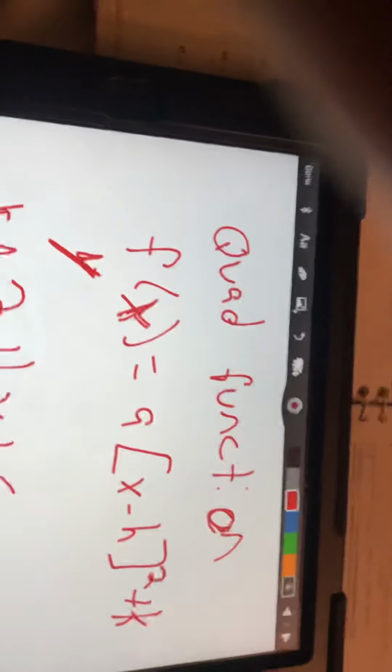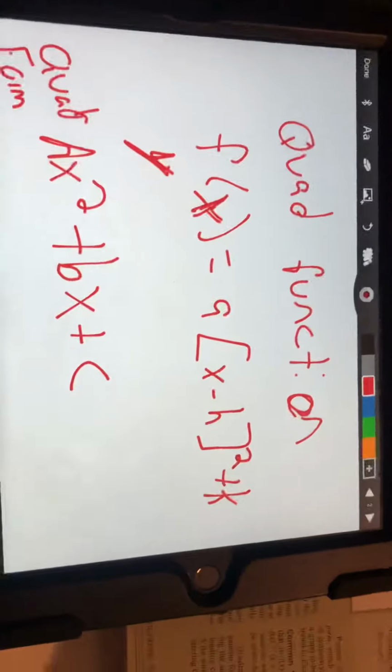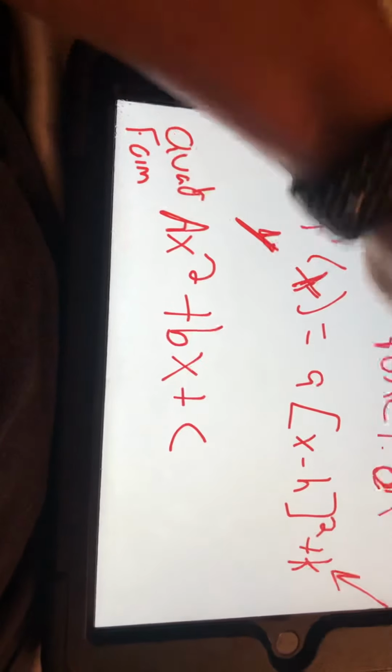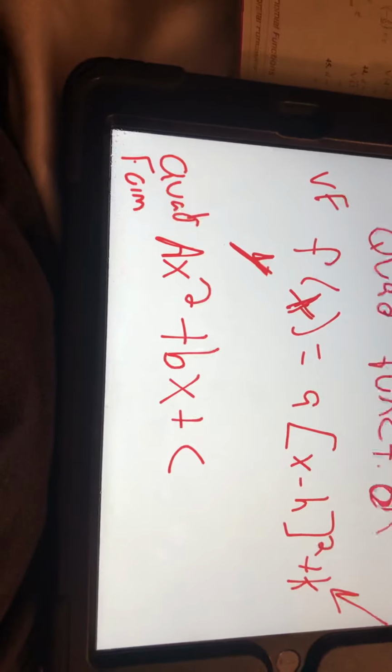Let me just try doing it like this. Maybe that'll be a little easier. So this is going to be quad form, and this is a quad function. And I'll put VF because it's going to be vertex form. All right, I want you guys to look on page 241 with me if you could.